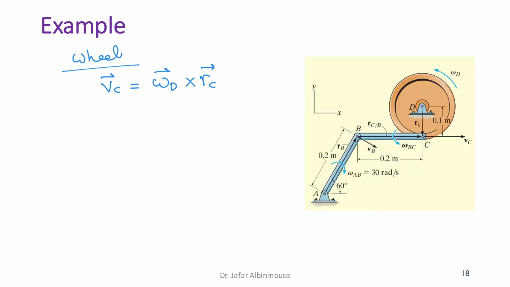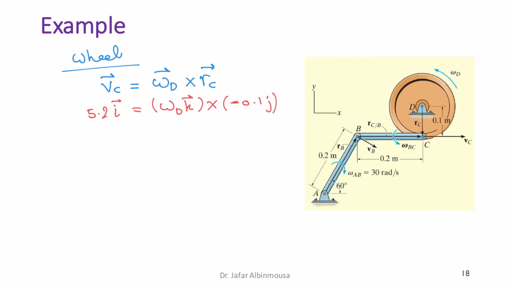So if we write down the equation here, we will have the velocity of C, which we just computed, 5.2 I, which is equal to, again we assume that this is a counterclockwise rotation, which is going to give us positive K unit vector, and then we cross it with the position vector, which is here minus 0.1 J. Now why minus? Because if you look, the equation here says that the position vector is RC.